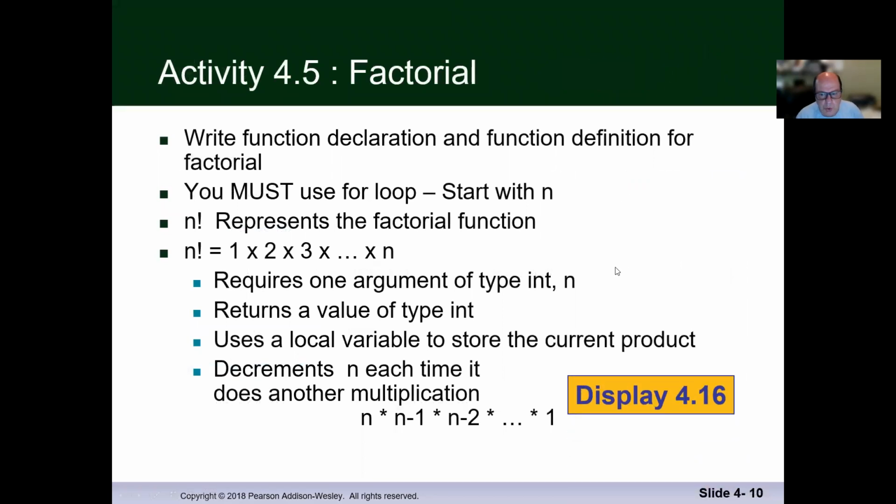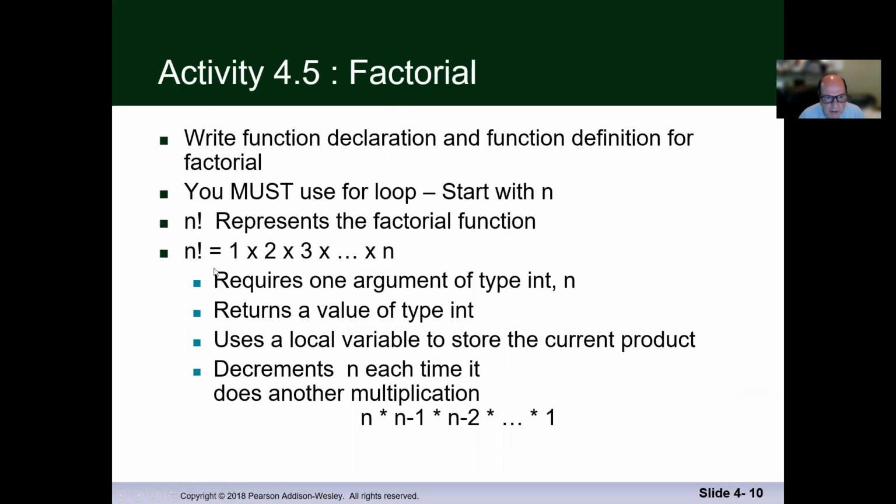All right, so we're going to do this as an activity. I want you to think about this, or write it and compile it. It shouldn't take you that long, but maybe a little bit of thinking. I'm twisting it a little differently than your book. So we have a factorial. What is a factorial?